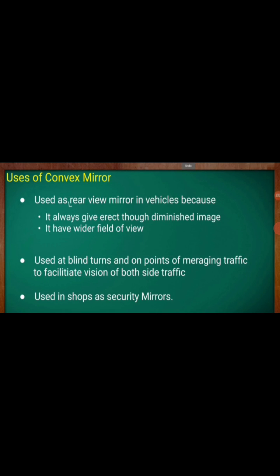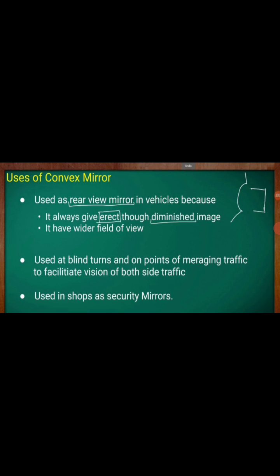What is this wider field of view? Here I have a picture, children. This box-like picture is a plane mirror, and the other picture is a convex mirror. Just observe the convex mirror, how wide the area is, whereas the plane mirror has a smaller field of view area.